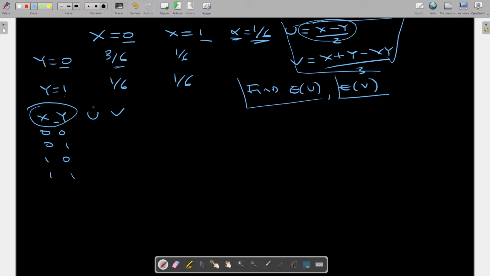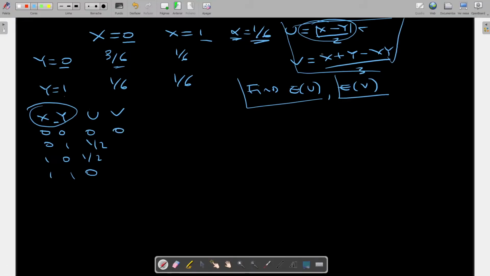So u, when both are 0, 0 divided by 2 is 0. Then you have 1. Remember that this is a modulus. I just forgot to put it here. So 0 minus 1 then becomes positive, so this is 1/2. This one is the same thing, and 1 minus 1 is 0. And for the other ones, you have v, so x plus y, so 0 plus 0, then minus 0, that's just 0.